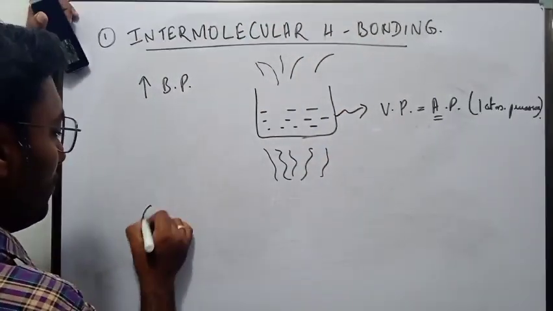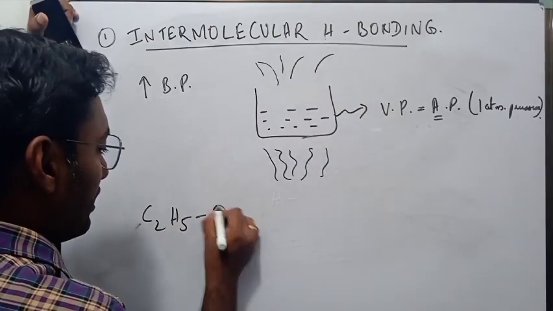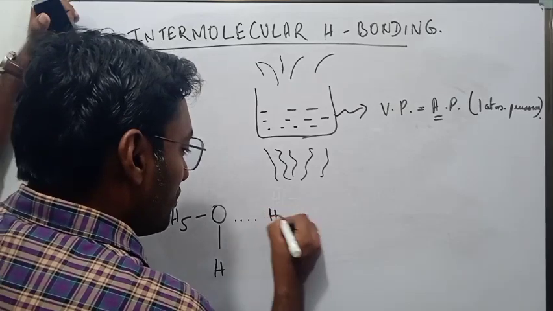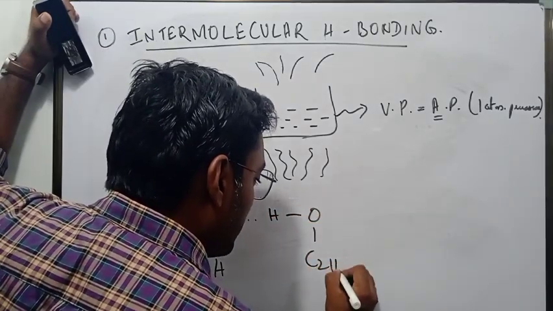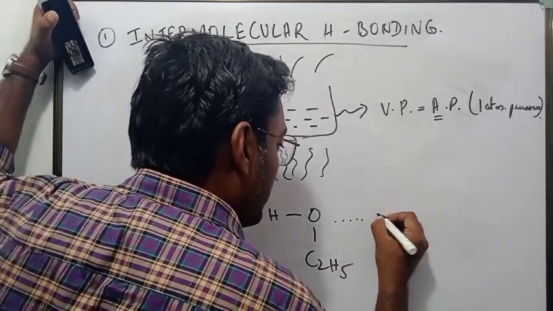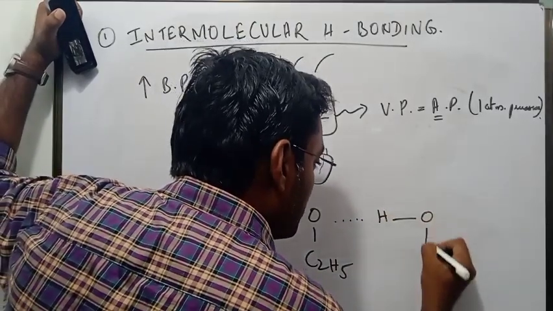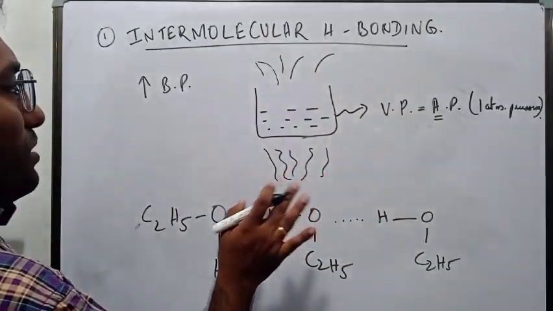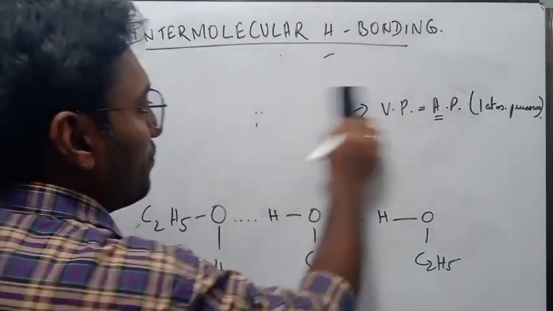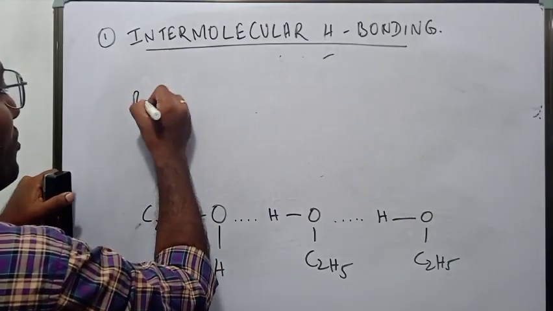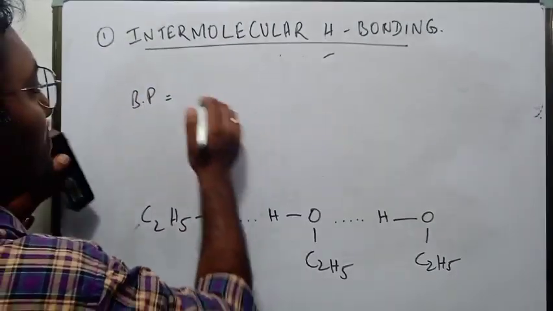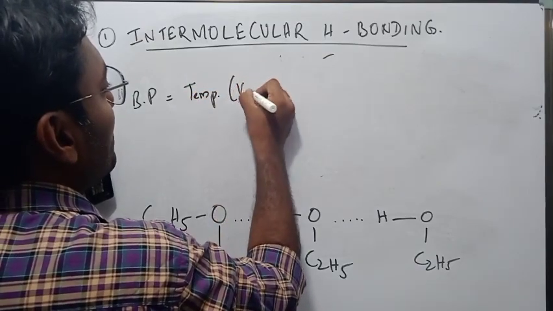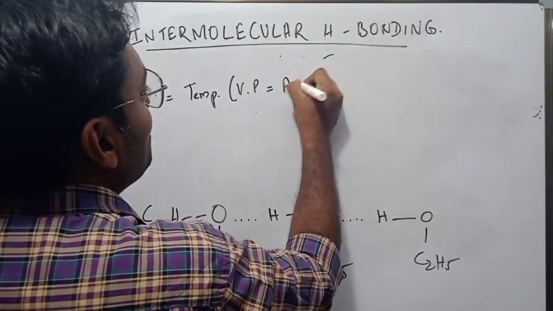Now, for ethanol-like molecules, look at this, the intermolecular hydrogen bonding. If it was a normal molecule, that is, there is no hydrogen bonding, what would the boiling point be? The temperature required for the vapor pressure to become equal to atmospheric pressure.